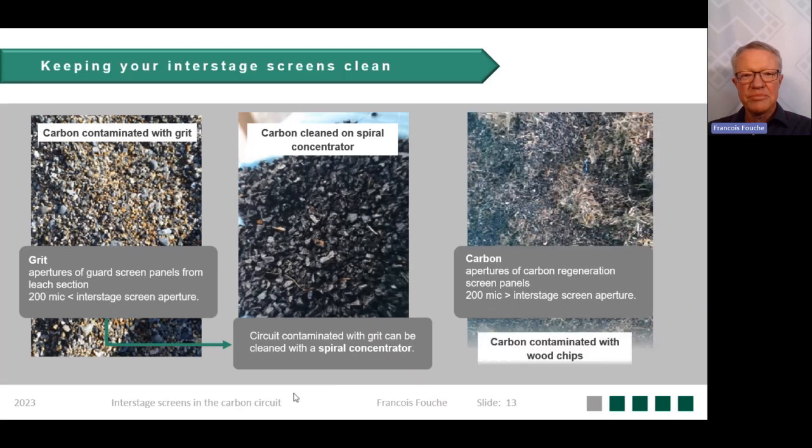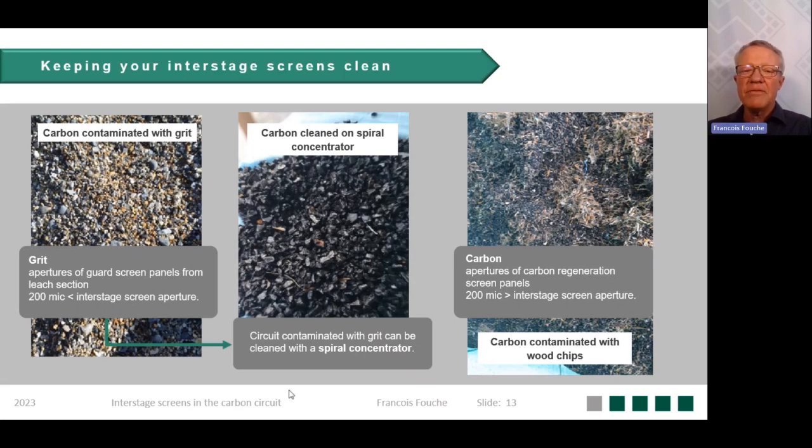In the right-hand picture, you see a circuit that is badly contaminated by wood chips. Wood chips originate from the underground blasting process, and they break down even finer in the milling process, and they report to the cyclone overflow.